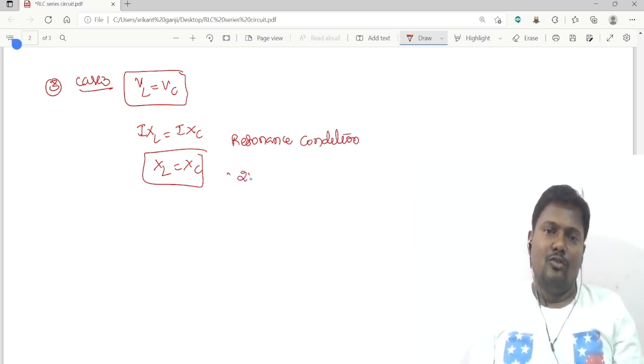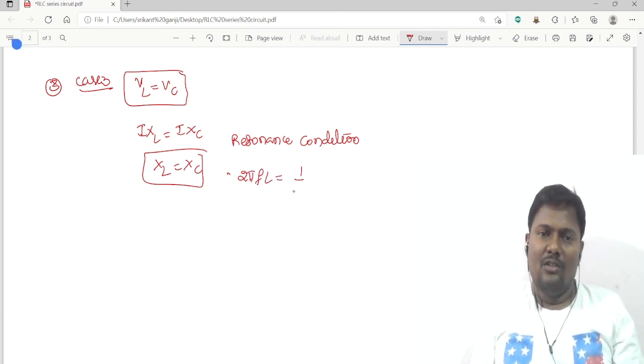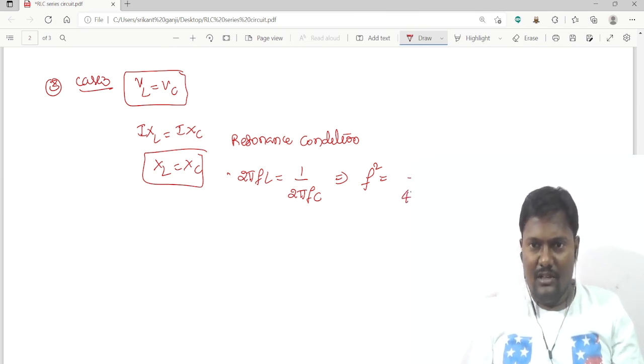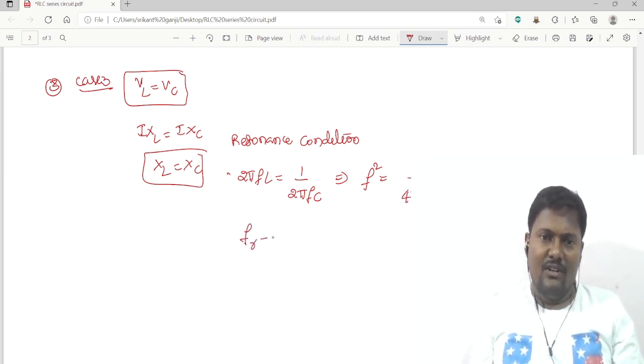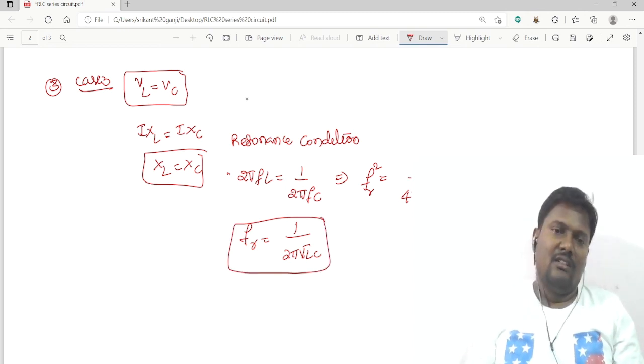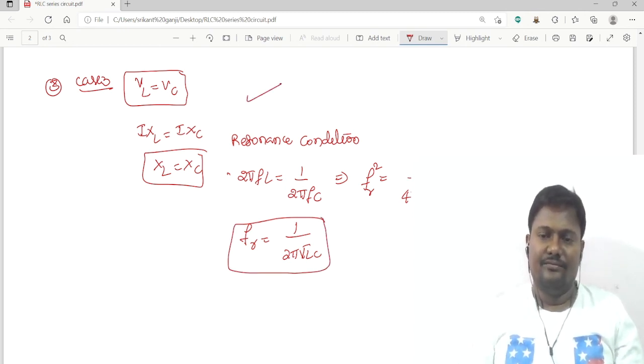XL is equal to 2 pi FL is equal to 1 by 2 pi FC. F square is equal to 1 by 4 pi square LC, where FR is the resonant frequency, 1 by 2 pi root LC. This is case 3 condition.